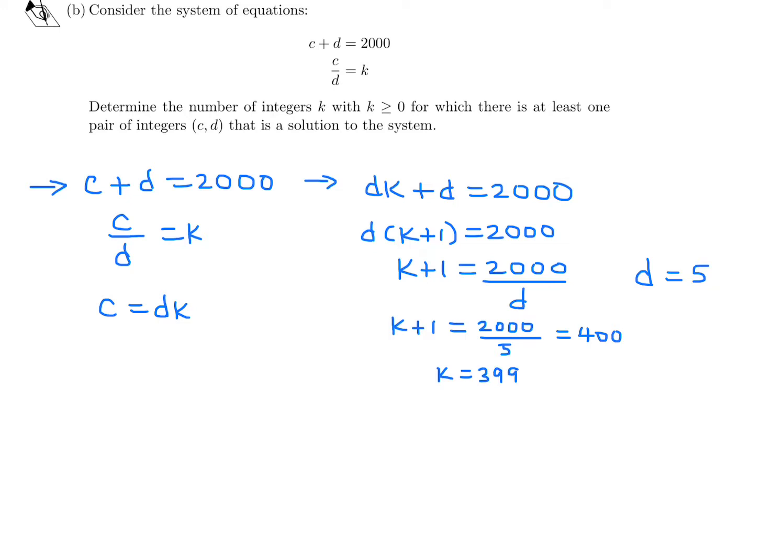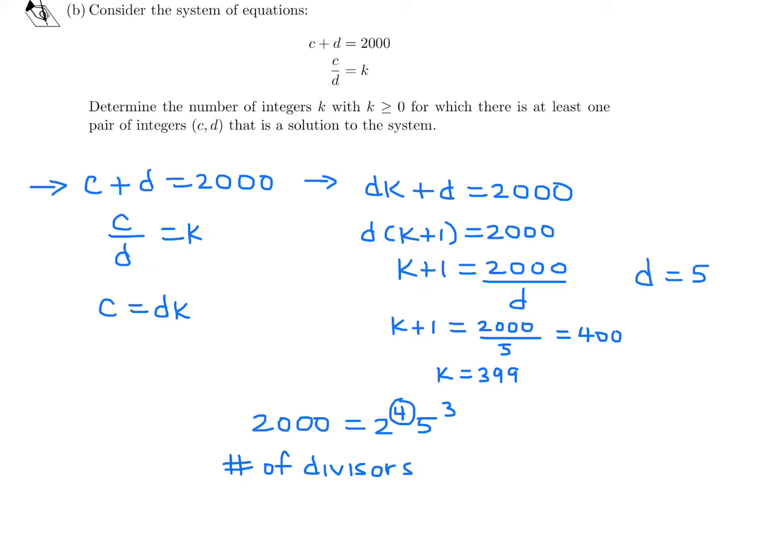So d has to be a divisor of 2000. Okay, well, how many divisors are there of 2000? Well, first break 2000 up into its prime factors. It's 2 to the power of 4 times 5 to the power of 3. And I'm sure you know that once it's broken up into its prime factors like that, you can figure out the number of divisors very easily.